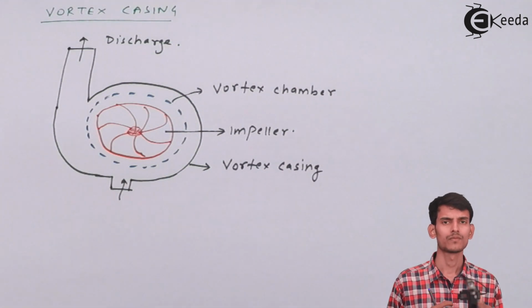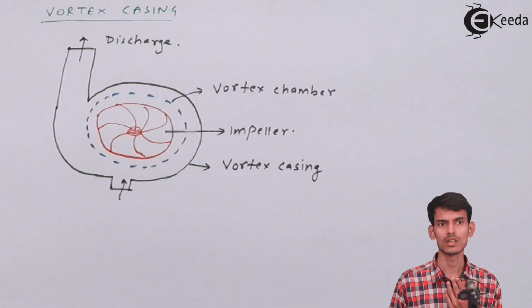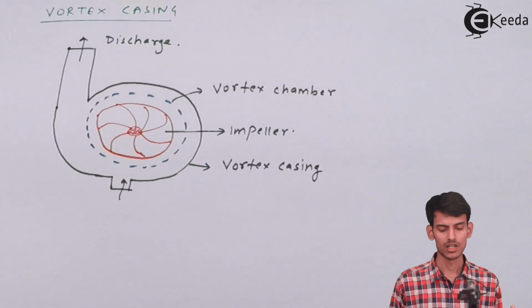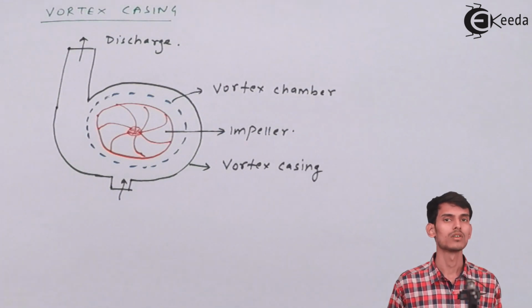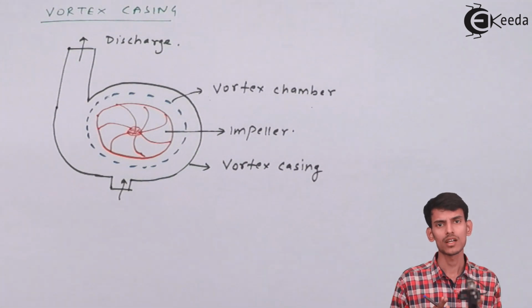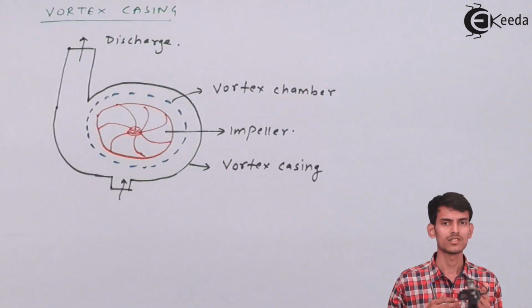So when the water is moving along the periphery of the impeller, after coming out of the impeller, it goes onto the vortex chamber. What this vortex chamber does is absorb all the eddies. It reduces the eddies, that is the rotation of the fluid.